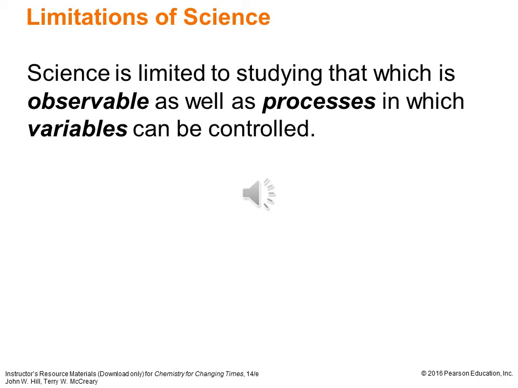So as our text tells us, science is limited to studying that which is observable, as well as processes in which variables can be controlled. So in designing experiments, we want to observe only one change at a time. We want to try to control everything else so that we really can understand how that change alone impacts the process.